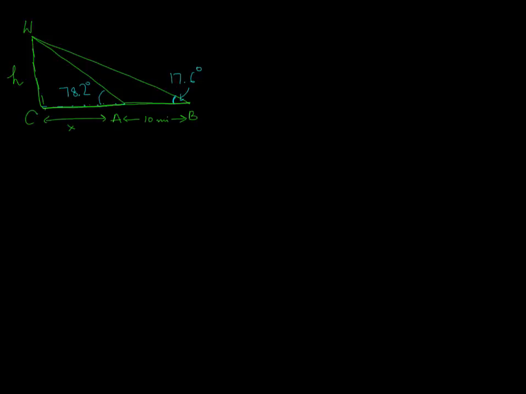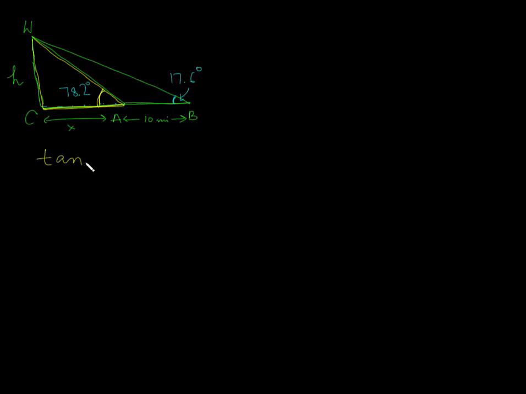Now let's consider the smaller triangle first, which is triangle WCA. In this triangle we don't know H, we don't know X, but we know the angle is 78.2.